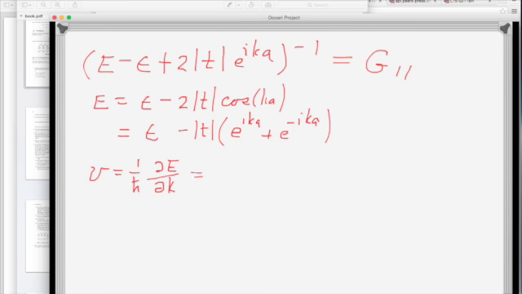It's going to be 2t a. Right, I guess that's velocity. So you play around with those relationships to write it in these different forms as a function of K, velocity, and energy.